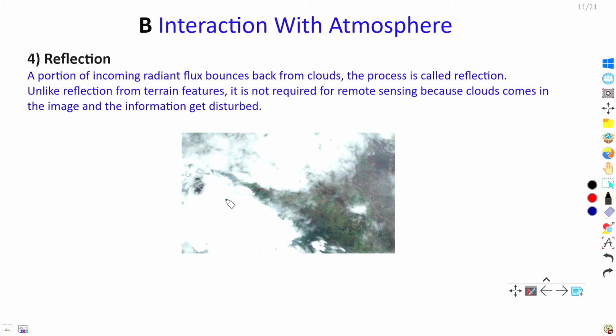For example, you can see here, this is a satellite image, and a good amount of cloud occurs. So we are not able to process this. This type of thing happens in reflection. It decreases the quality of the image. So this is all about interaction with the atmosphere.